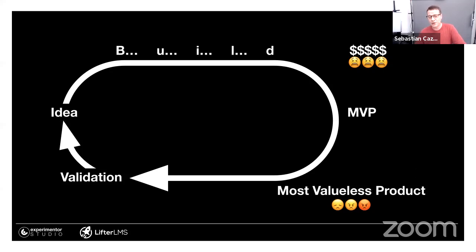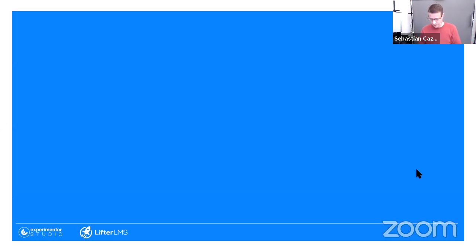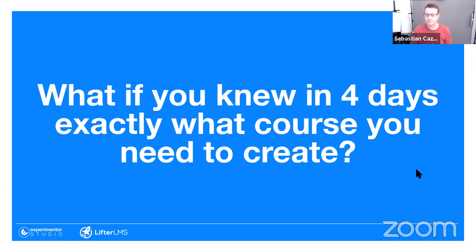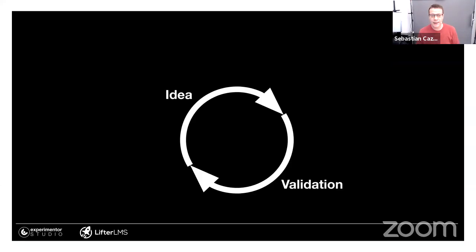So that's why I tried to look on the market and find some other methods that could help us to minimize the effort we put into this build phase. So actually, this is what design sprint is giving to you. What if you knew in 4 days exactly what course you need to create?